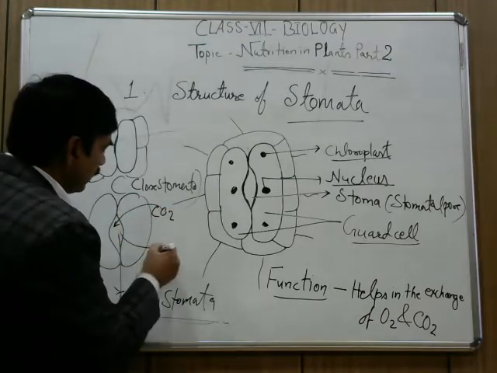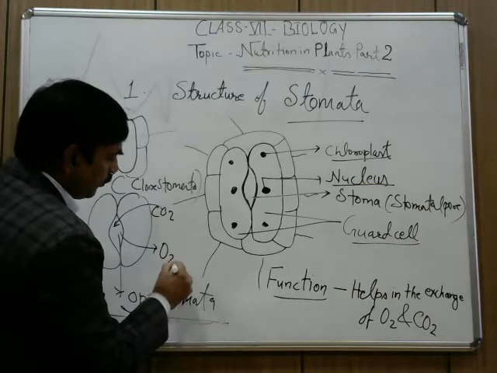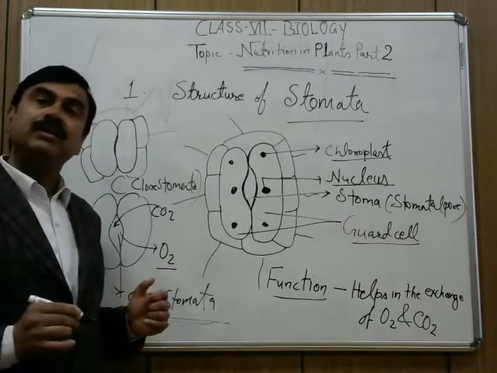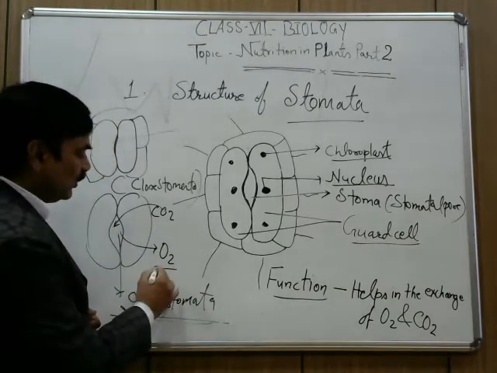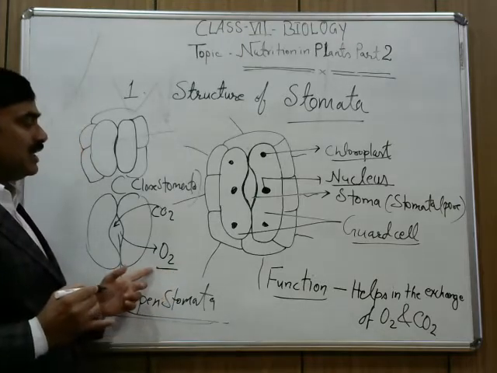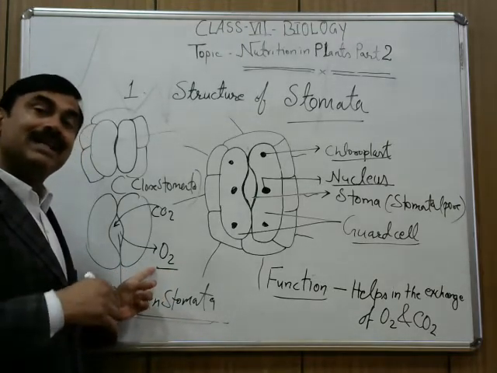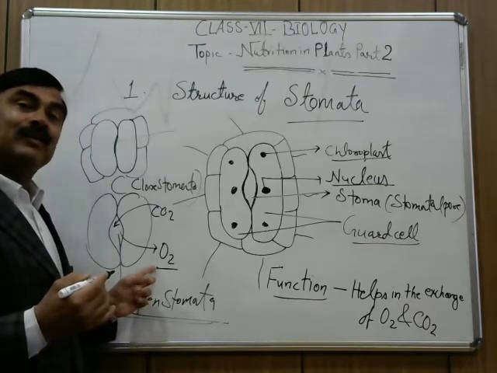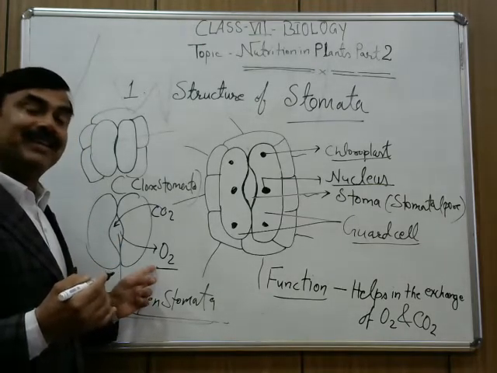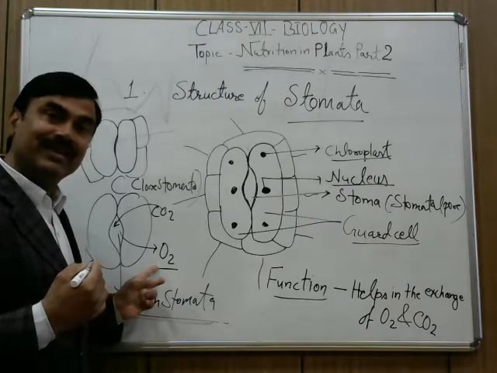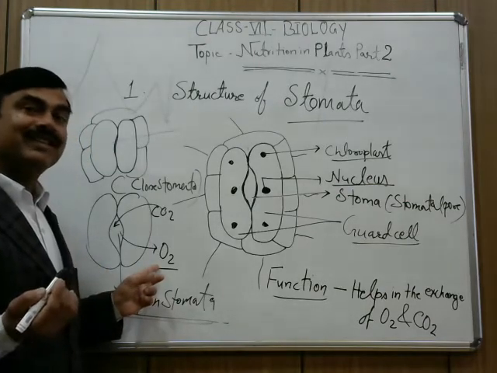And which gas is released out? O2. In the photosynthesis process, which gas is given out, released out? We are getting a very important gas for our human life, for our respiration process.